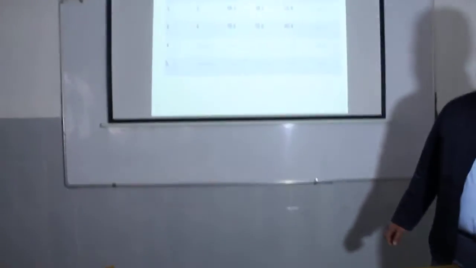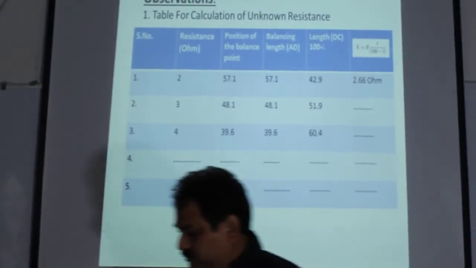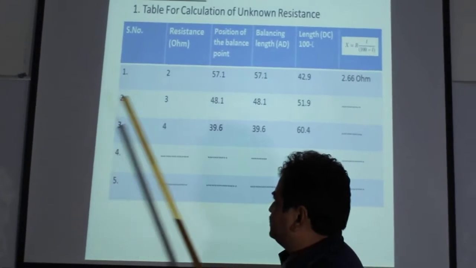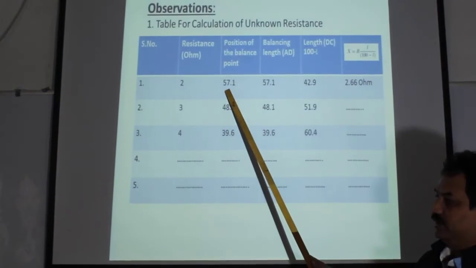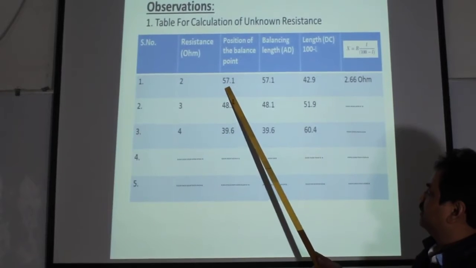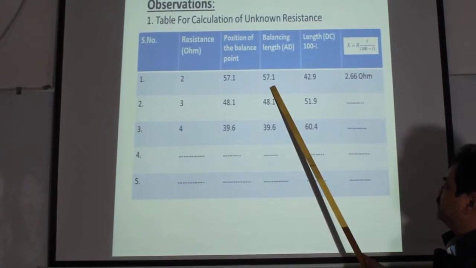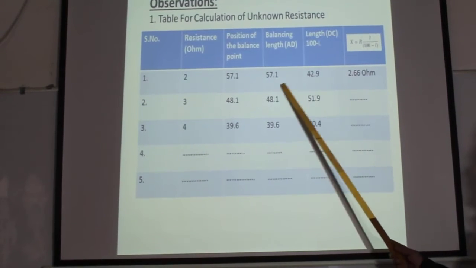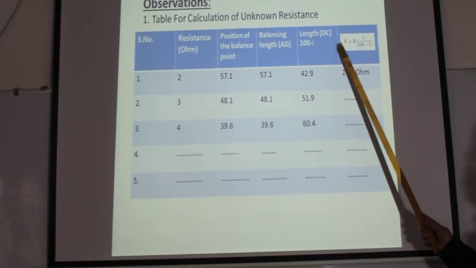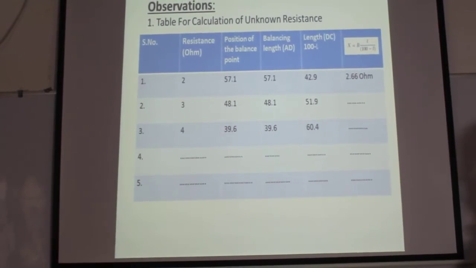See the observation table. I have taken out 2 ohm resistance and the null point is obtained at 57.1 centimeter. This length is also known as balancing length. The remaining length is 42.9. These lengths are to be used in the formula for calculation of unknown resistance.